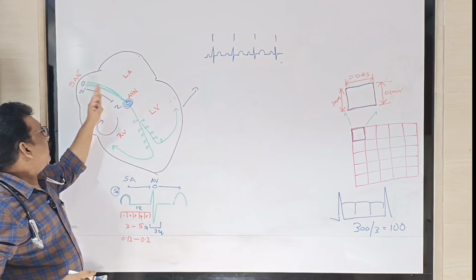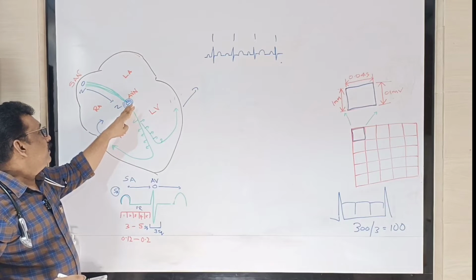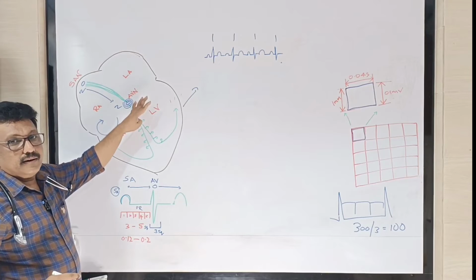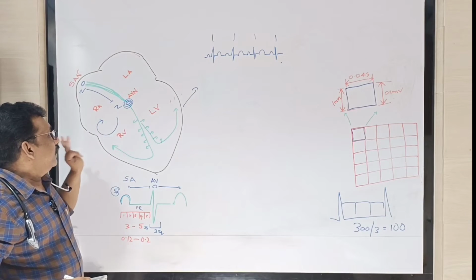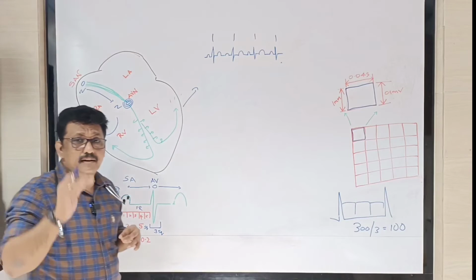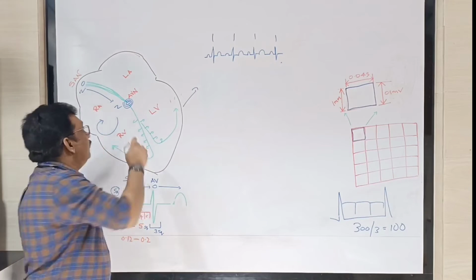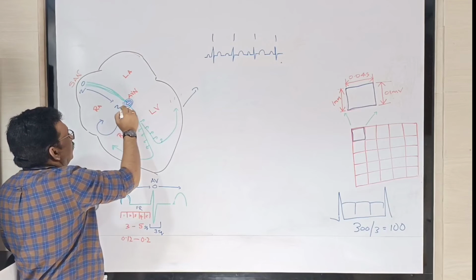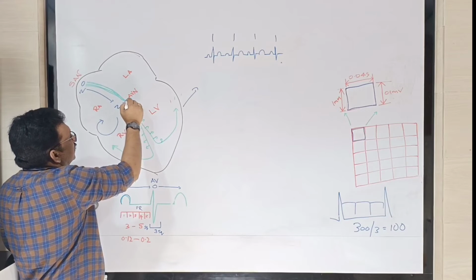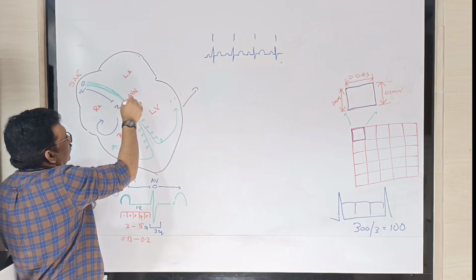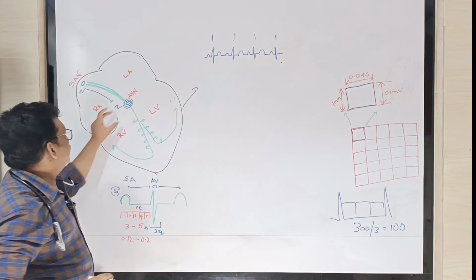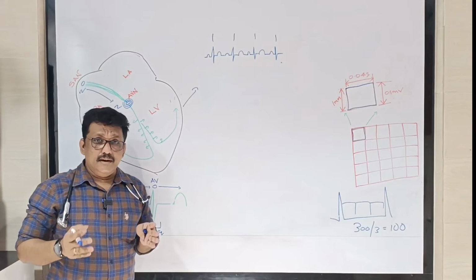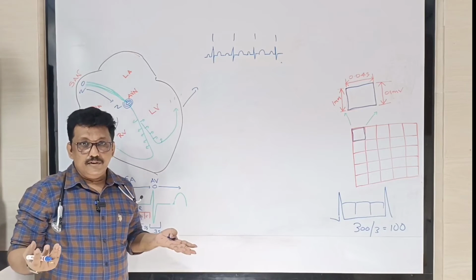So supraventricular rhythm can again be divided into AV nodal re-entrant tachycardia or AV re-entrant tachycardia. Whatever it is, it's a re-entrant phenomenon. The current is coming in this direction normally, but due to some abnormalities in the heart, it is re-entering, either in the node or in the AV junction. So that produces tachycardia. Heart rate may be more than 140.